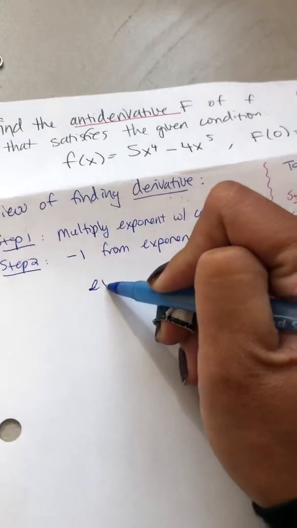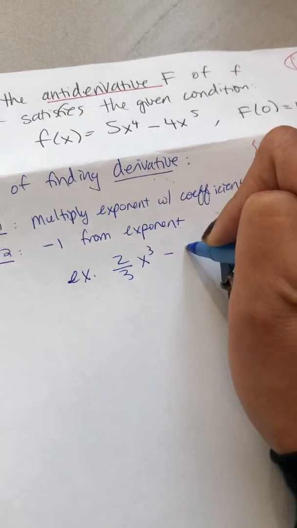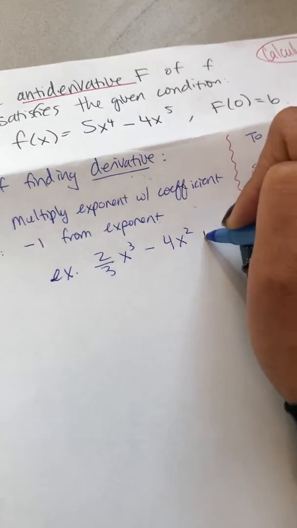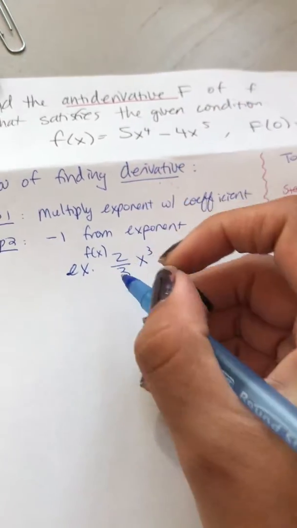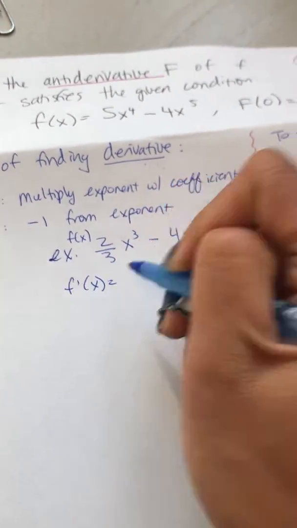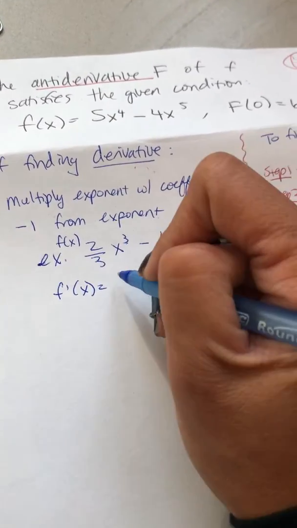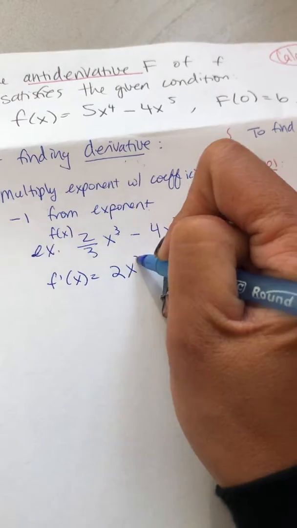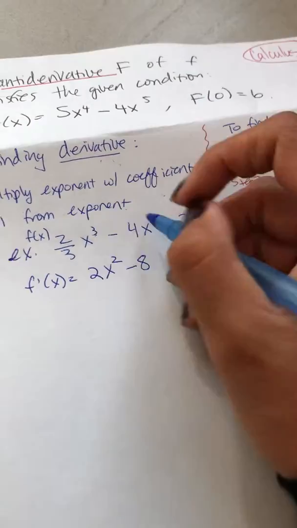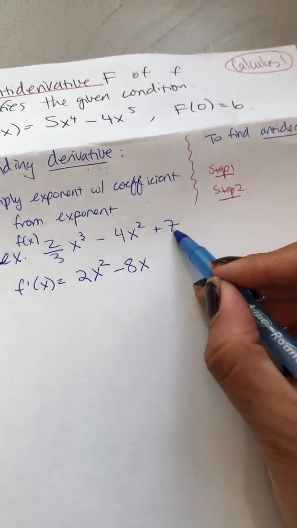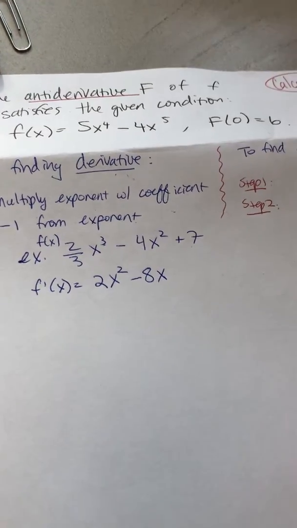For example, if I had 2/3 x cubed minus 4x squared plus 7, and you wanted to find the derivative, you multiply the exponent with the coefficient. 2/3 times 3 is 2, subtract 1 from the exponent, so you get 2x squared. Same story here: you multiply the 2 and the 4, you subtract 1 from the exponent, and the derivative of 7 is just 0. So that's finding the derivative, which you're probably really familiar with.